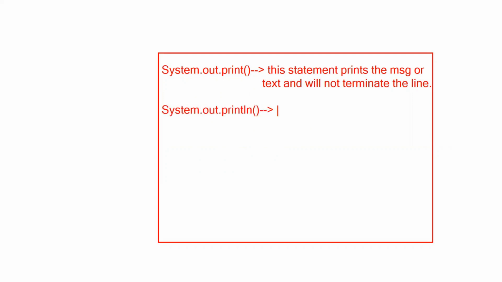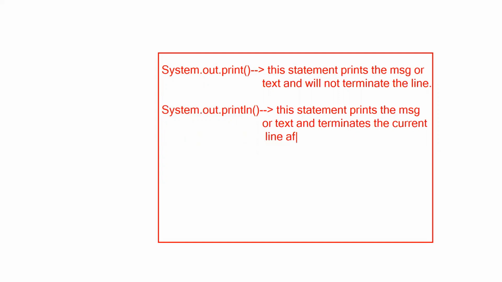System.out.println prints the message or text and terminates the current line after printing the text.